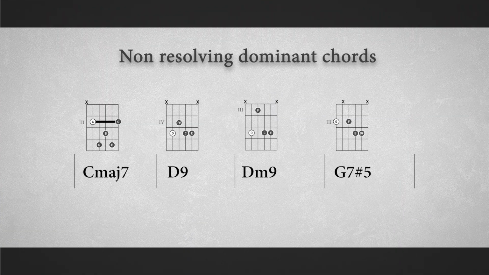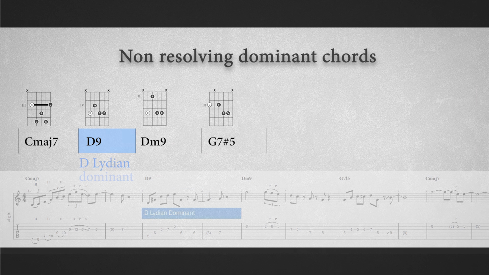Or we can use it over a progression where the dominant 7 chord doesn't resolve to the 1 chord but travels to a minor version of the chord. In this progression, the D9 chord is a non-resolving dominant chord, and we can use the D Lydian Dominant scale.